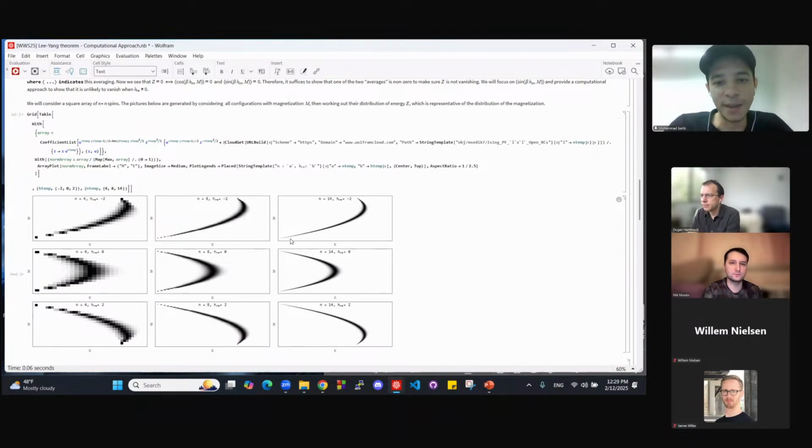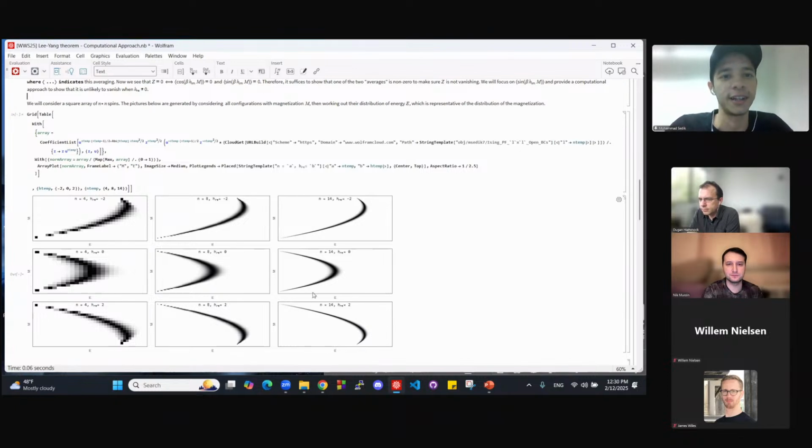So when I compute the average, it's unlikely to vanish for that case or for that case. However, for this case, the sine average is identically 0 because the distribution is symmetric around M and the sine is odd. So you get the same positive contribution and the same negative contribution, and it vanishes.